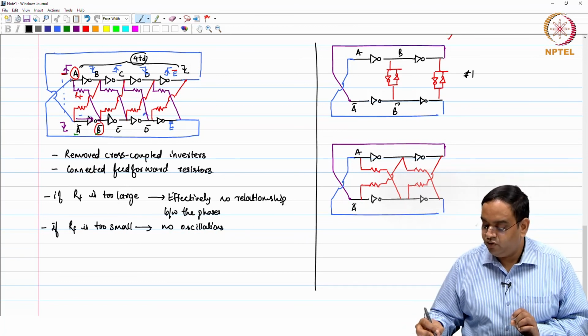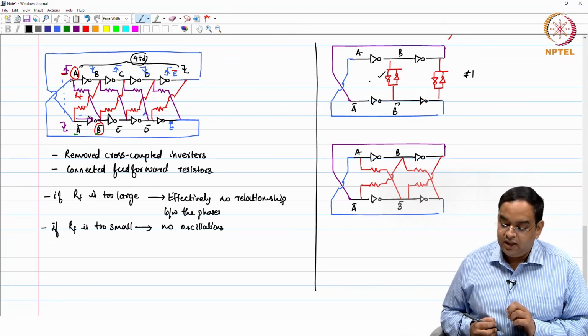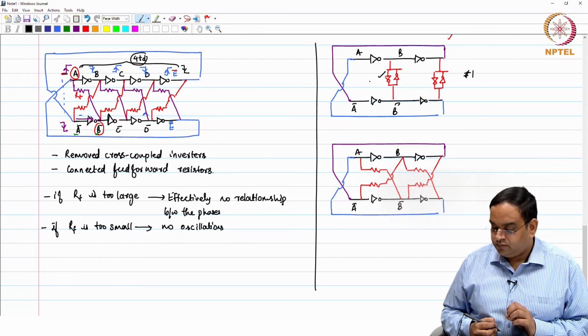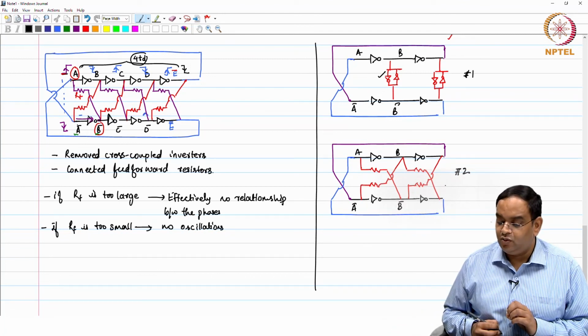Okay. Here also you can maintain, but it is not as good as when you use cross coupled inverters. So, if you take this particular example, you will find that this one is very hard to make oscillate in any given process.